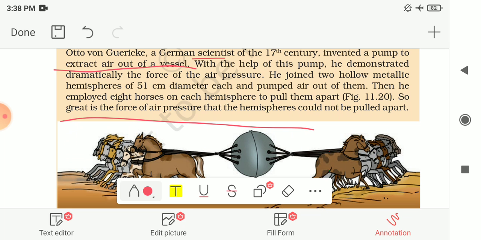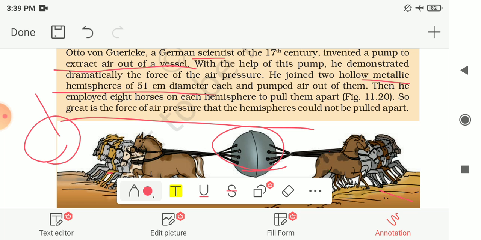For that he joined two hollow metallic hemispheres of 51 centimeter diameter each and pumped air out of them. He joined these two hemispheres, that means half spheres, with each other, and from in between them he removed the air. Then he employed 8 horses on each of the hemispheres to pull them apart.